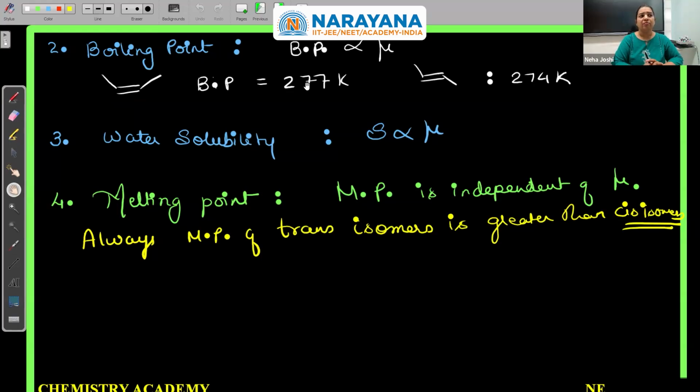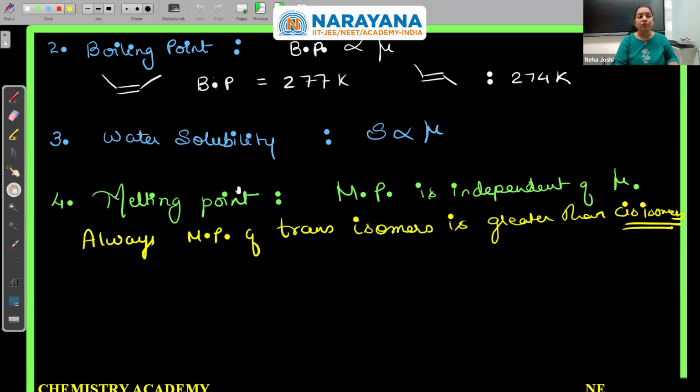So once you conclude that this particular isomer, cis or trans, has higher dipole moment, whichever has higher dipole moment will have higher boiling point, and higher water solubility. Automatically lesser solubility in non-polar solvents because of the fact like dissolves like. Okay, if I talk of melting point, right?